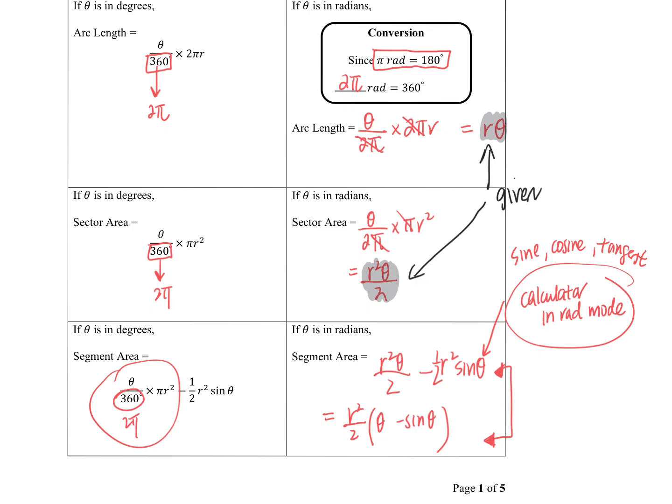If your angle is in radian, you can straight away use from the first page. But it should come to you naturally, actually. So all you need to remember is this one and this one. This one is just an extension of what you already know. Okay, degree formula, none of it is given.